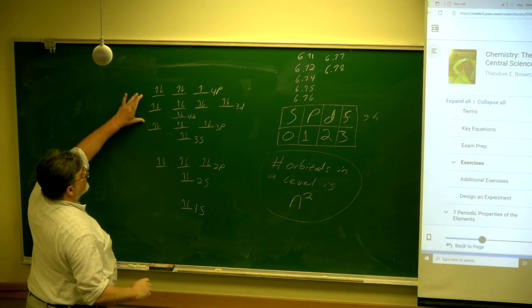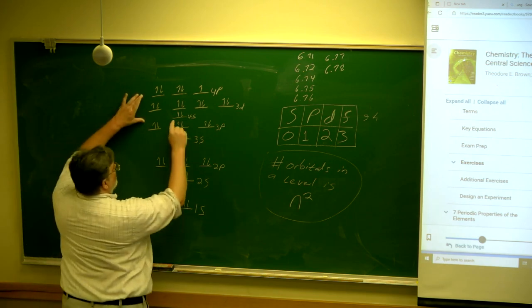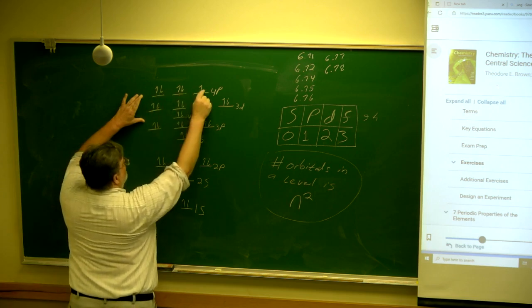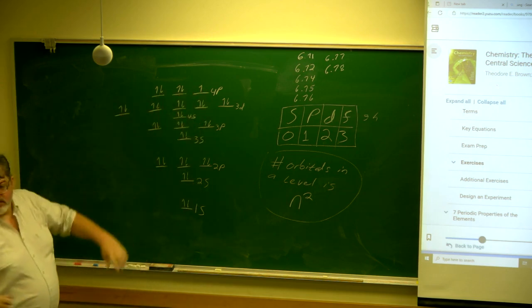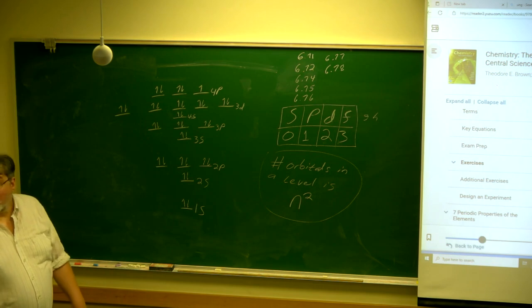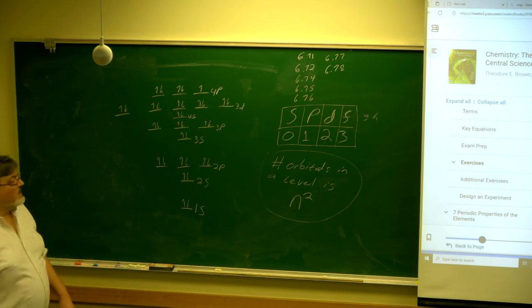Four is the highest number occupied. You've got 1, 2, 3, 4, 5, 6, 7. 7 valence electrons, but that's what I just said before. You count from left to right, but you skip the transition metals.